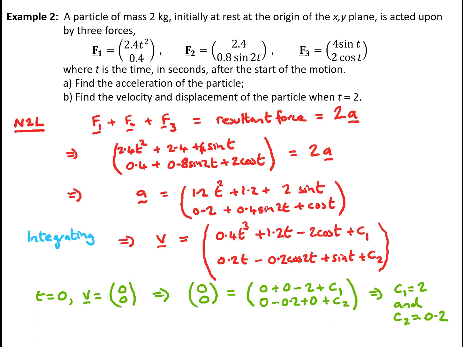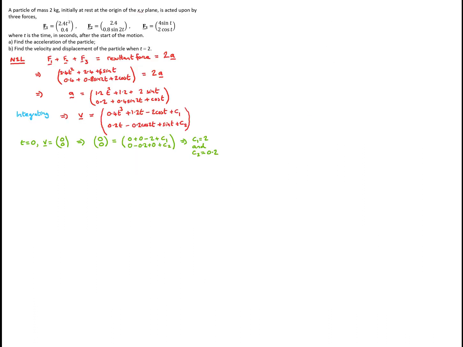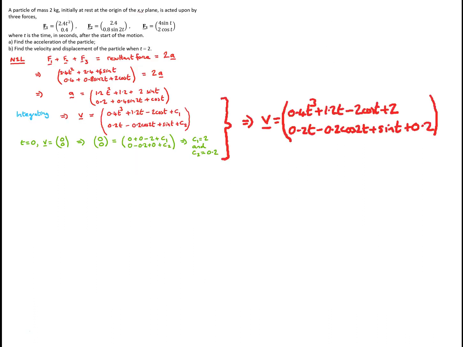So the velocity at any time is given by 0.4t cubed plus 1.2t minus 2 cos t plus 2 in the x direction, and 0.2t minus 0.2 cos 2t plus sine t plus 0.2 in the y direction.